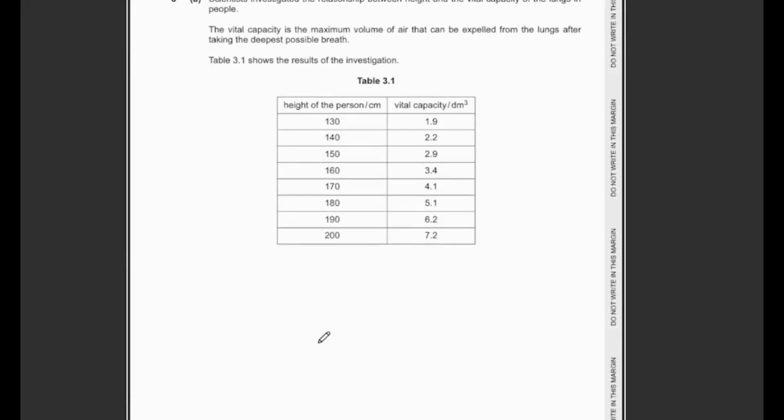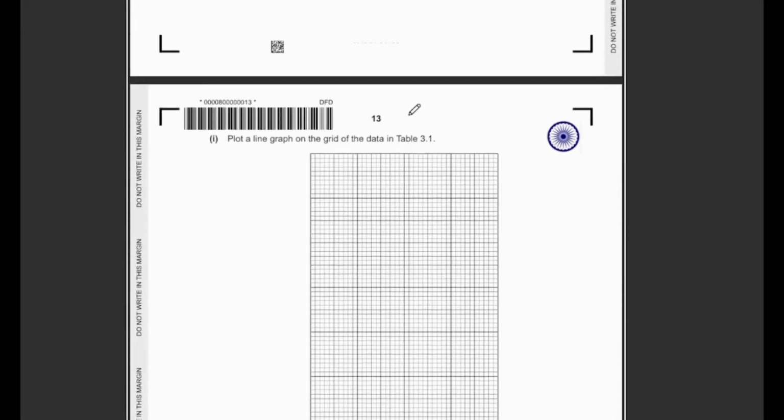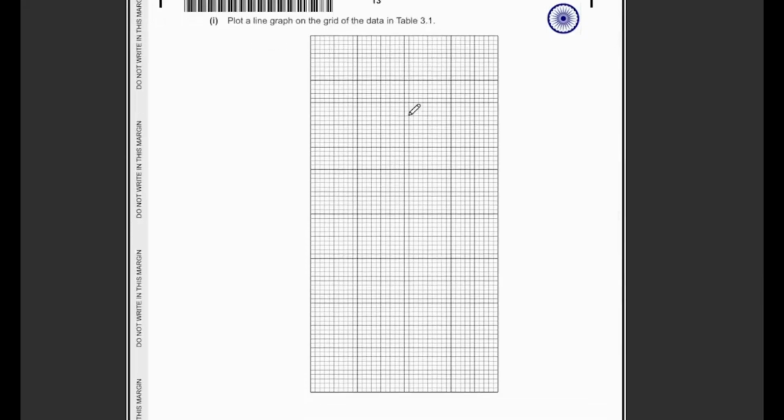Height of a person 130. As the height increases, vital capacity is also increasing. 1.5 to 2.9. Okay, so those first show the result in this. Fine. Plot a line graph, okay, on the grid of the table. Right. So x-axis and y-axis we should first thing be mentioned here.